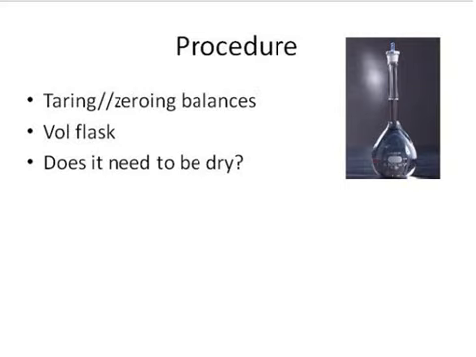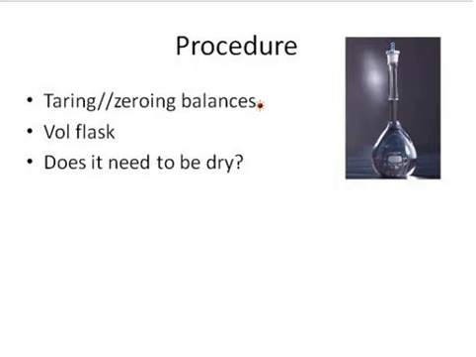So procedures. We're going to be working with balances, and one of the things that you'll learn about balances is that you can tare them. And taring means to put something on the balance that has a mass, but you don't want to include that mass in the measurement. And so one very typical example is we use weighing boats to get an appropriate amount of a substance, a solid substance generally.